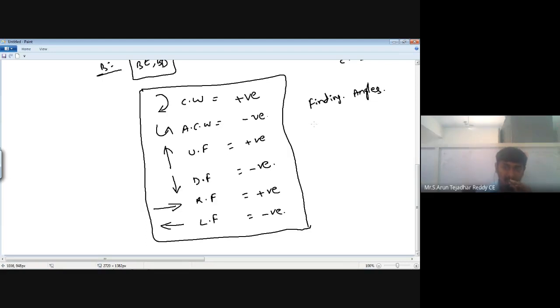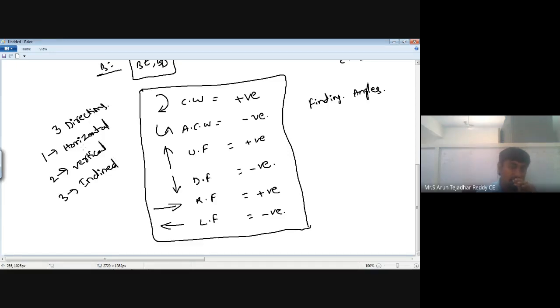In this type of problem, totally three directions: one is horizontal direction, second is vertical direction, third is inclined.